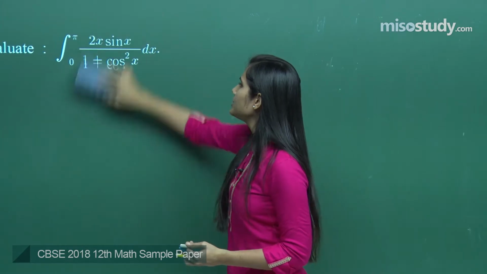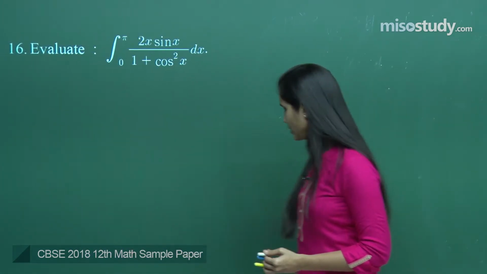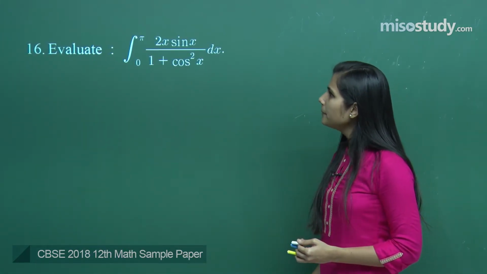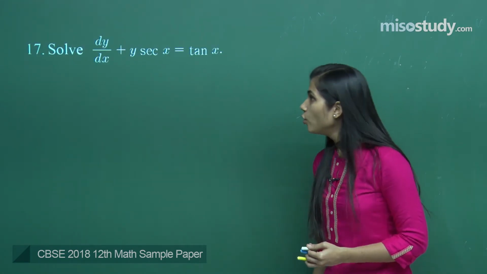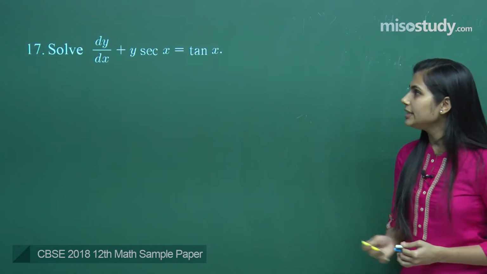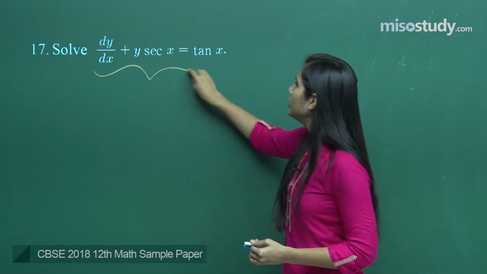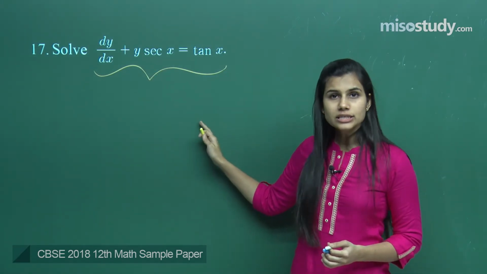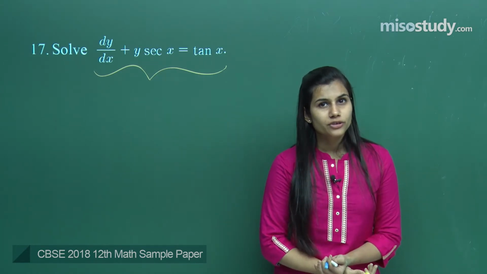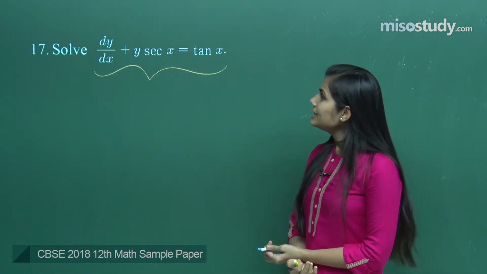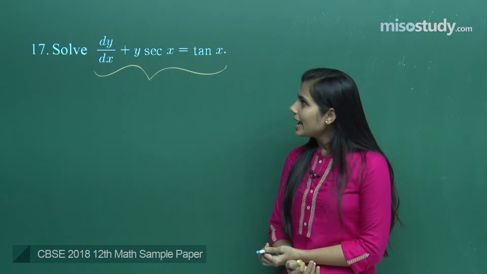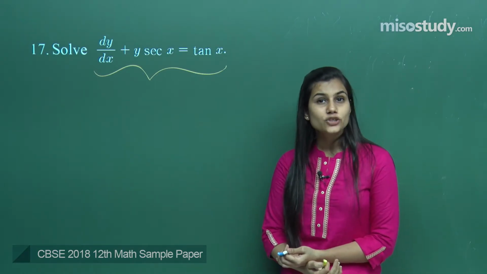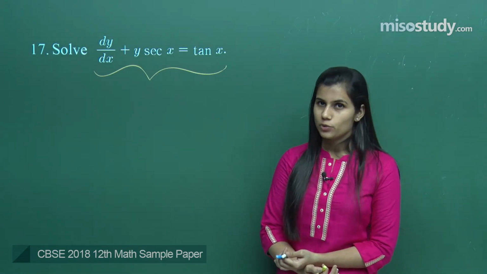Let's see what happens to be our next question. Question number 17. Okay, so question number 17 is a differential equation, and the question is to solve this differential equation. Well, if I can see this differential equation, I have something popping in my mind known as the linear differential equation.